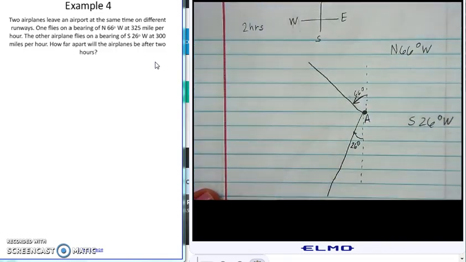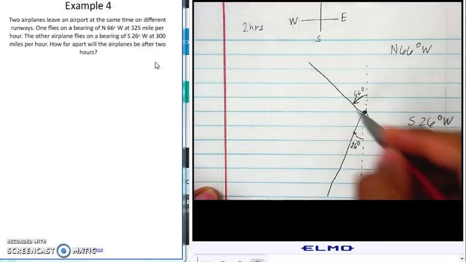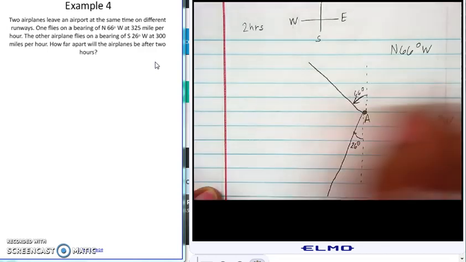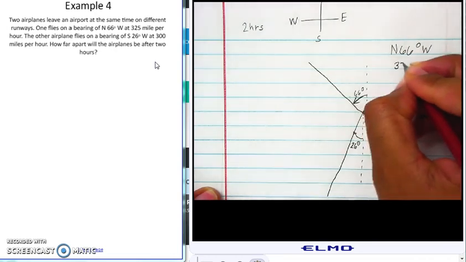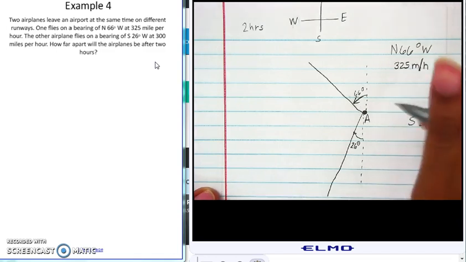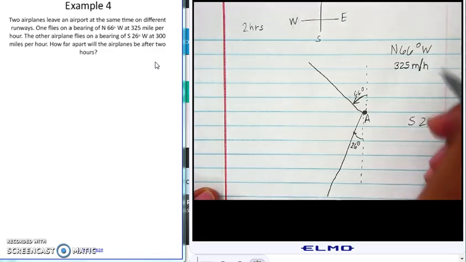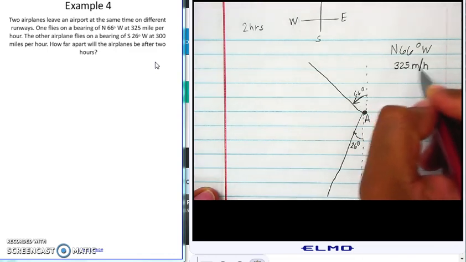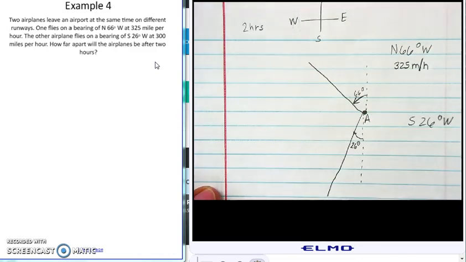So with this, I apologize for the lighting. So with this, it says the first airplane went 325 miles per hour. So if it went 325 miles per hour for 1 hour, how many is it going to be for 2 hours? And how do we do that?